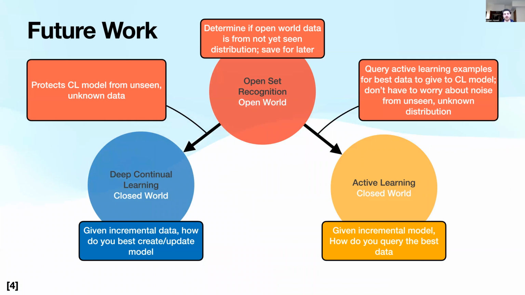And then on a more personal note, the one thing I would like to see more of is a relaxation of the offline batch assumption. It really happens in much, like the majority of the literature. And I don't necessarily agree that that's how data would always come in the real world.